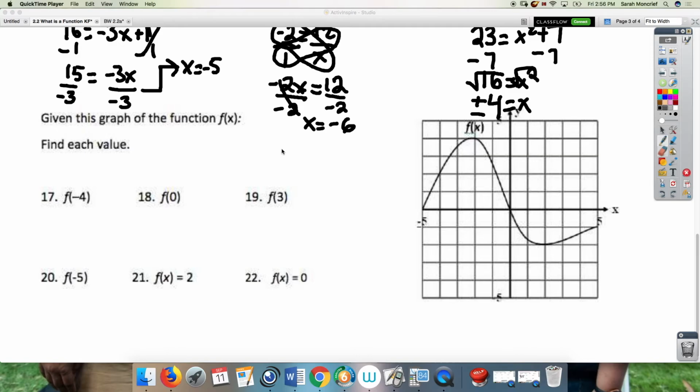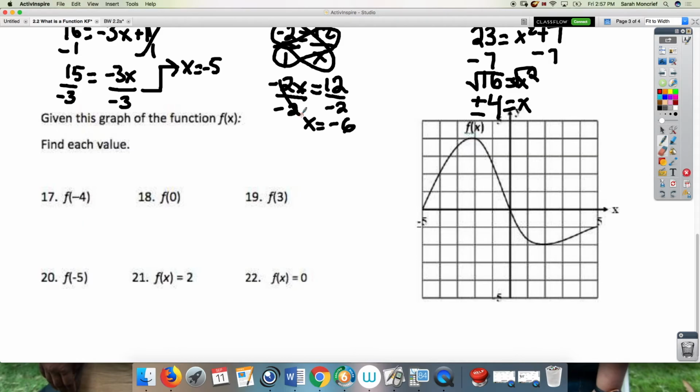Okay, now we're going to look at finding the values when we are just looking at a graph and we are given something like f of negative 4. So looking at this, let's figure this out. Is negative 4 an input or an output? It's an input because it's inside of the parentheses. Very good.